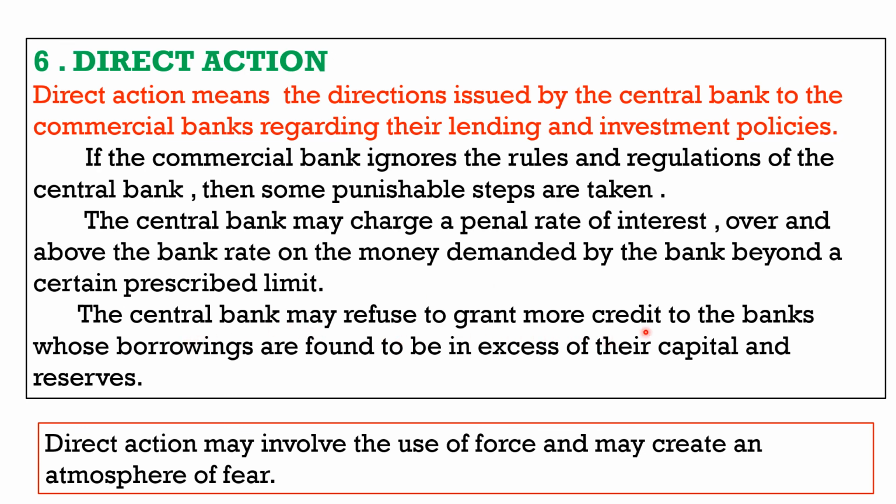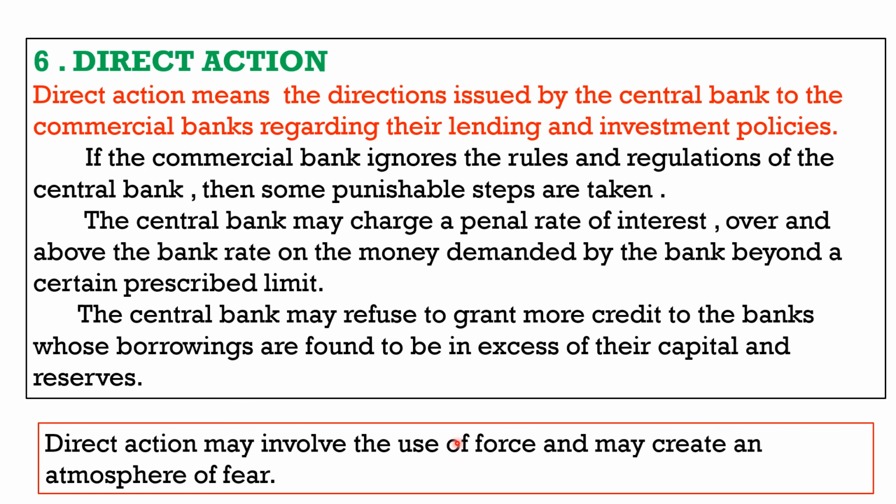The central bank may refuse to grant more credit to banks whose borrowings are found to be in excess of their capital reserves. I told you, a ratio has been fixed for their capital and their assets. If you go beyond that, the central bank may take its own decision to say no to credit to certain commercial banks. Direct action may involve the use of force and may create an atmosphere of fear.